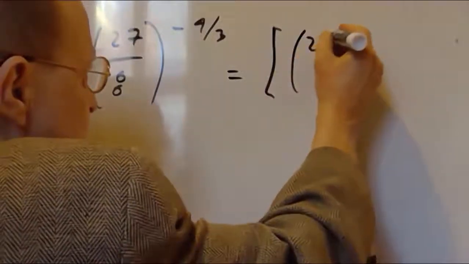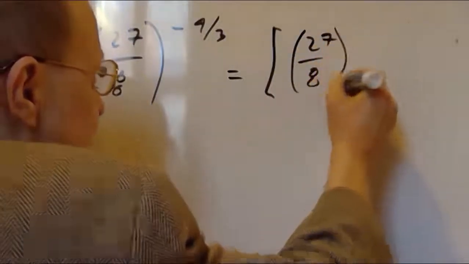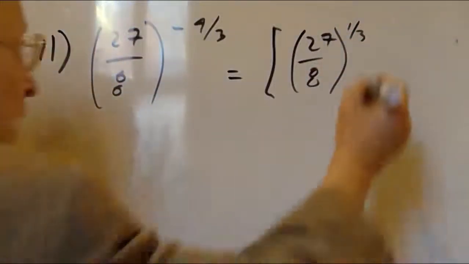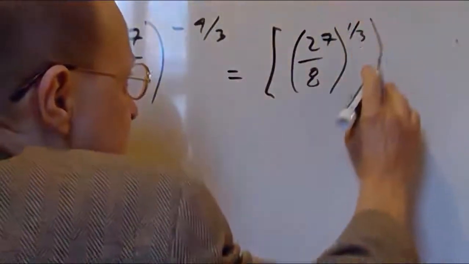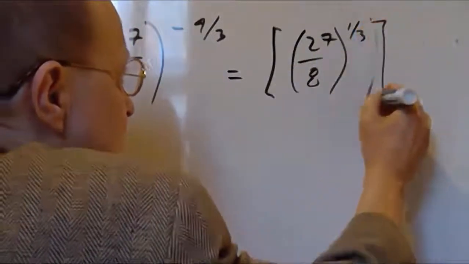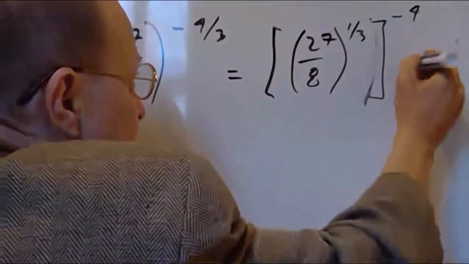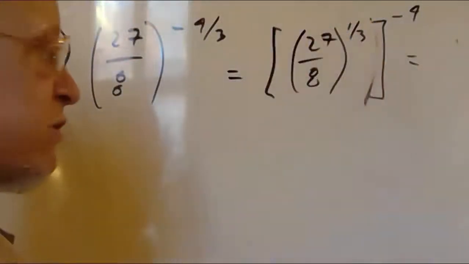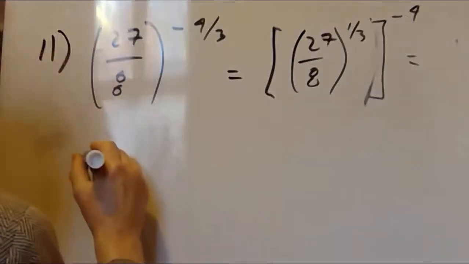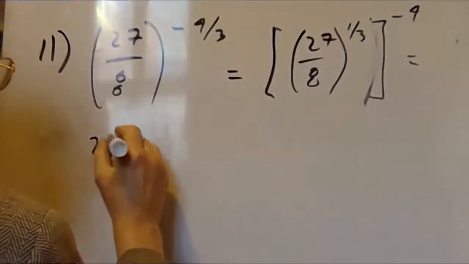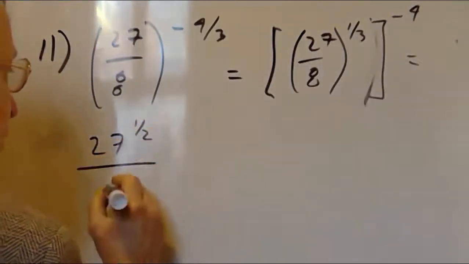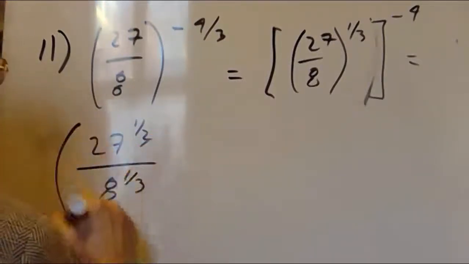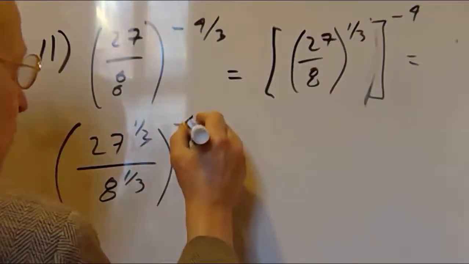So now I have 27 over 8 to the 1/3, and then on the outside, negative 4. So now I know, well, this is one of the cube roots you should know, because that would be the same thing as saying 27 to the 1/3 over 8 to the 1/3 to the negative 4.